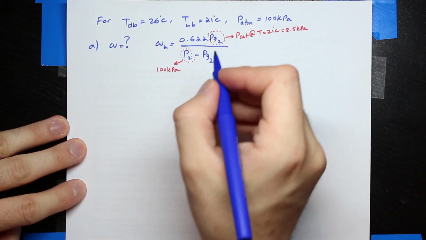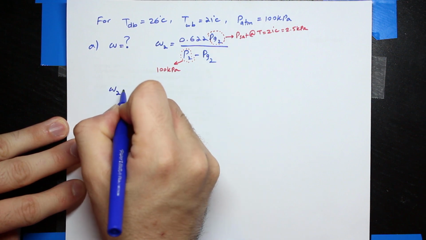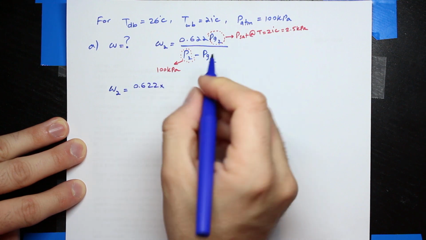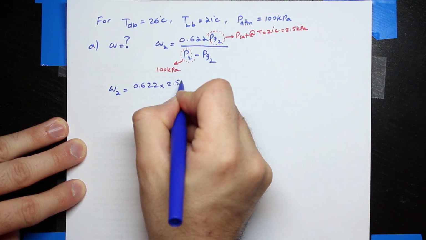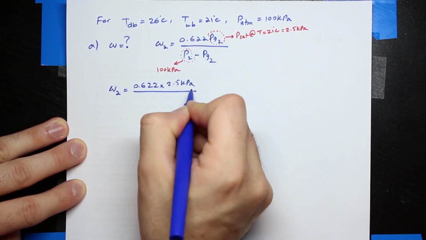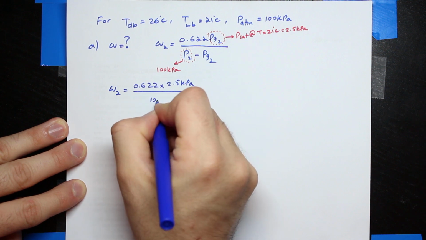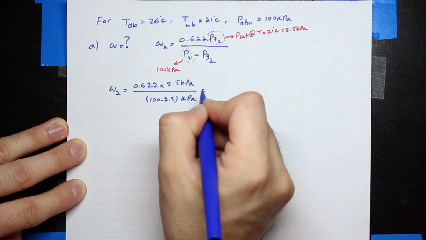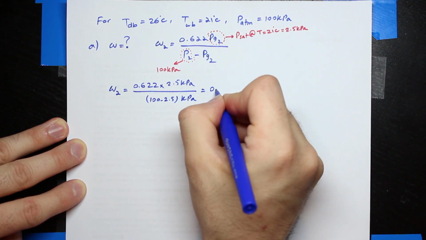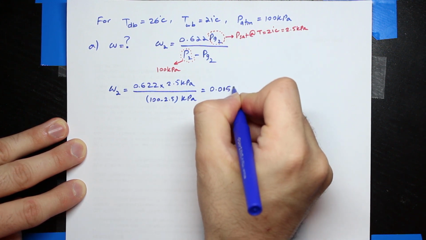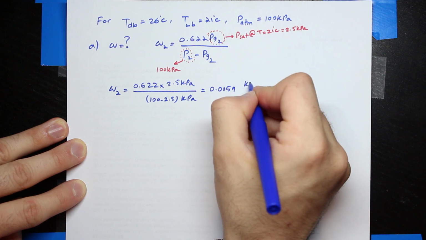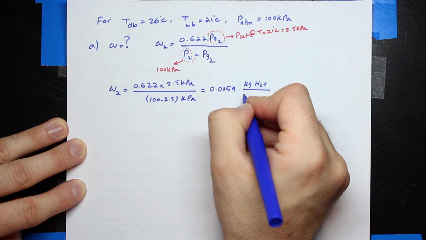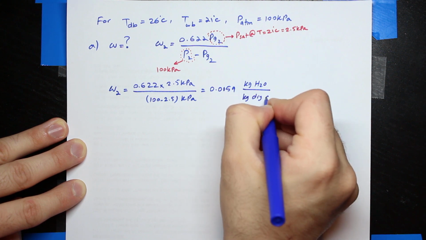If I put in numbers, I can solve for omega 2, and that will be 0.622 multiplied by 2.5 kPa over 100 minus 2.5 kPa, and that gives me an absolute humidity of 0.0159 kilogram water vapor over kilogram dry air.